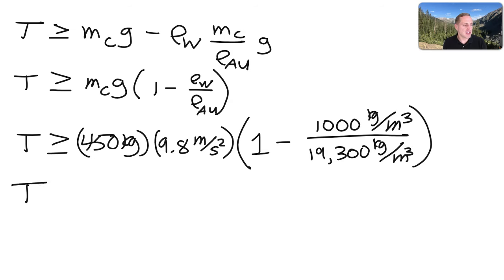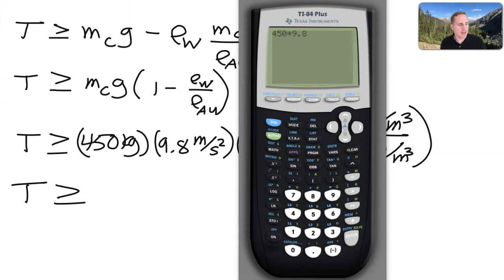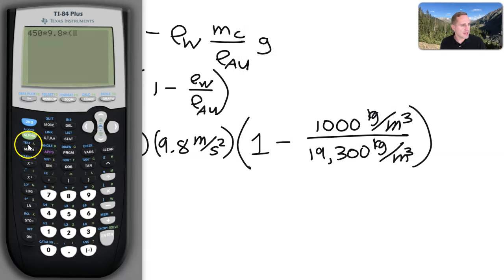So let's get this tension and use the calculator. So 450 times 9.8, okay, that's this front part, parenthesis, then let's go 1 minus, and then we'll go fraction bar 1,000 over 19,300, and then close the parenthesis off.